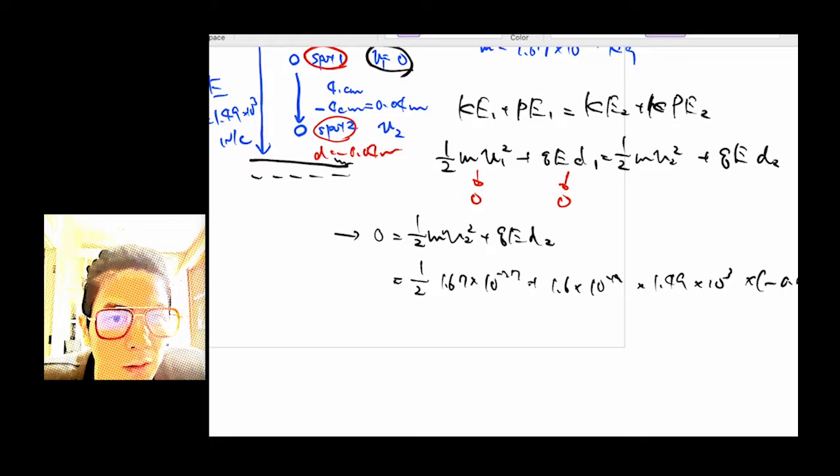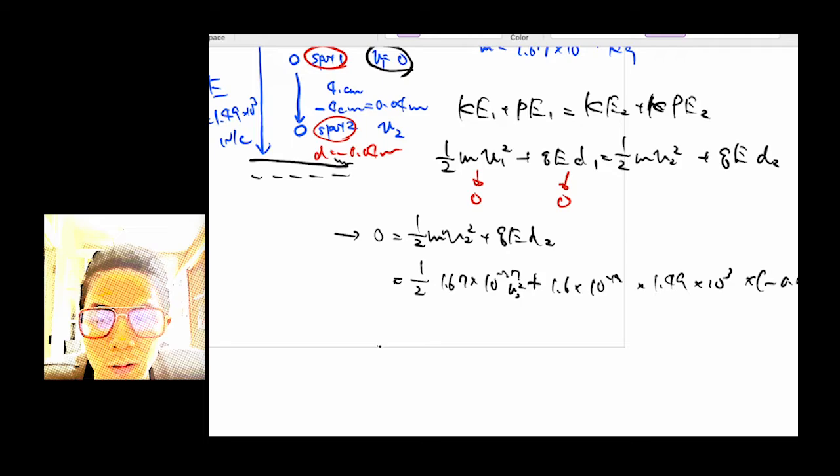And now this is a positive number and this is a negative number, so you want to move this term to the other side, so that you can obtain this v2.